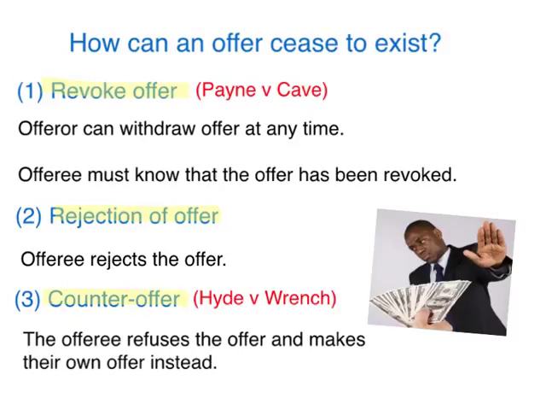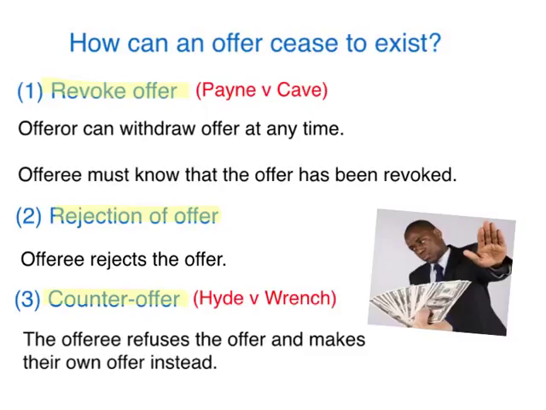Now this could be, for example, where an offer is made and the offeree feels that that price is too much money and decides to make their own offer to the original offeror. And this is what happened in the case of Hyde and Wrench.